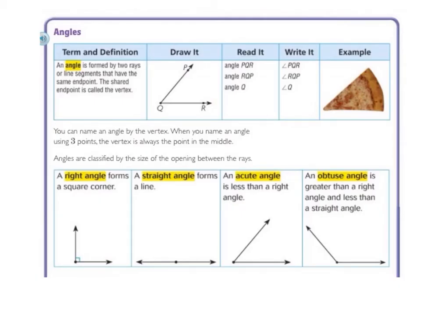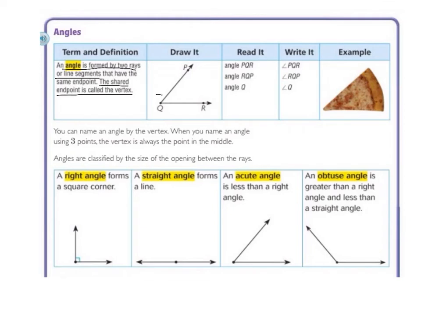All right, fourth graders, on our next page, we're going to talk about angles. When we put lines together in different directions, we form angles. Angles are formed by two rays or line segments that have the same end point, and we call it a shared vertex.